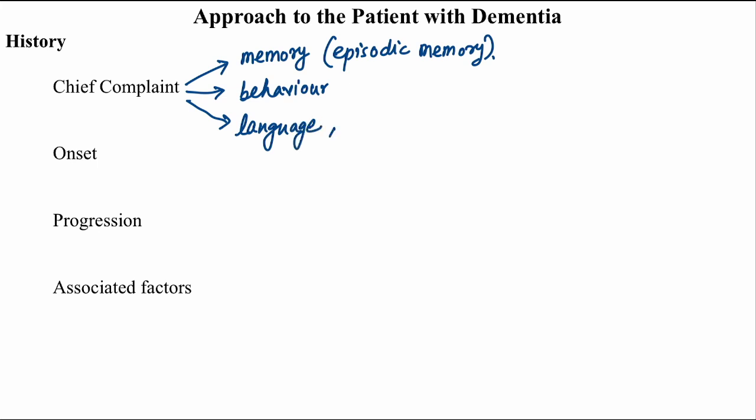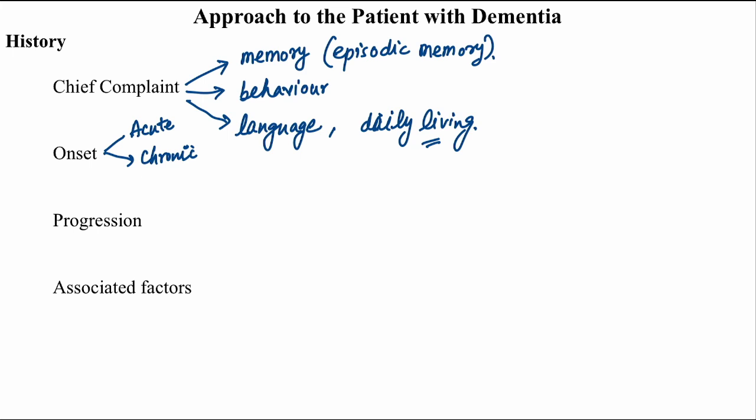Then his problem solving, his daily activities, his daily living is impaired, right? So these will be complaints that will be told by the attendants of the patient. So how is the onset? Onset can be acute onset. They will say that he has deteriorated in a few days or in a few weeks, right? The onset can be chronic. It can be chronic, long lasting, right?